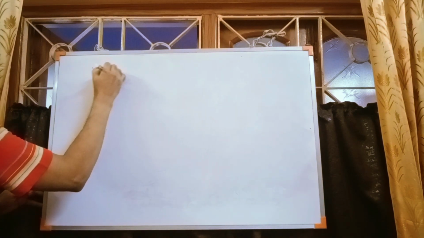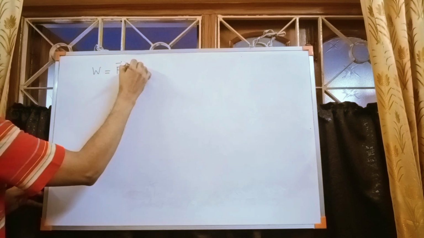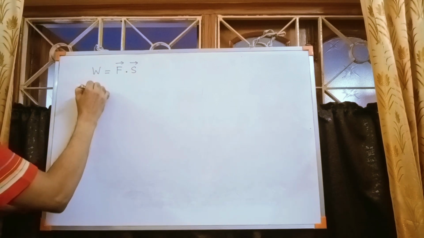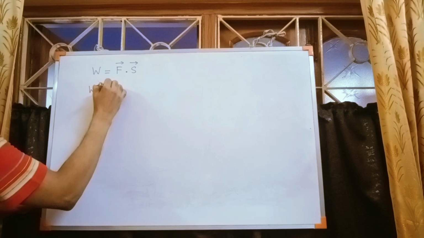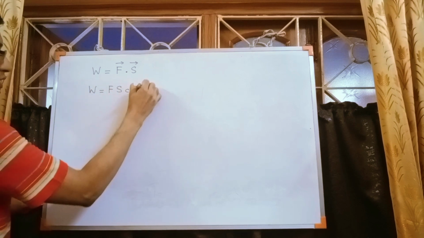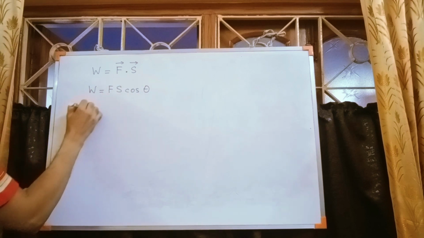Now, I have written the formula for work done as force dot displacement. Right? This can be further simplified like this. Work is equal to F(S) cos theta. Now what is theta?